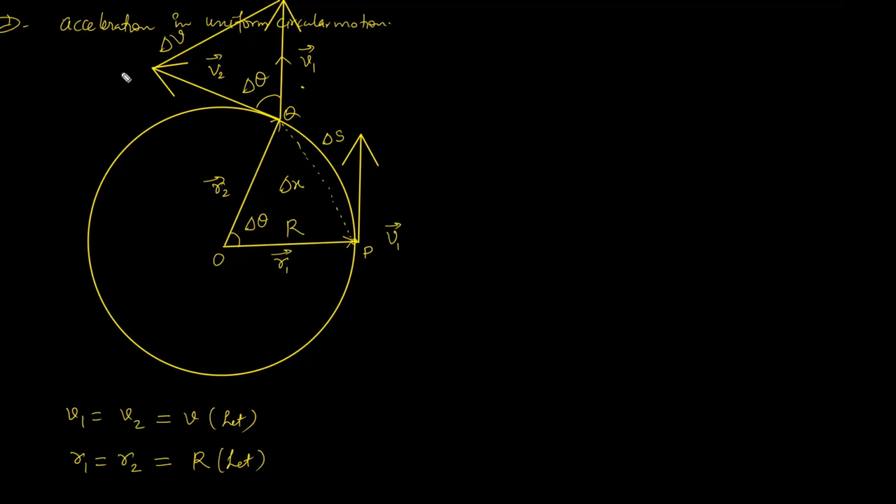Let's say this is M and that point is N. Now two triangles are there which are similar triangles. In similar triangles, the ratio of the corresponding sides will be the same. So can I say delta v upon v1 in magnitude equals delta x upon r1, or else I can say delta v by v equals delta x upon capital R.